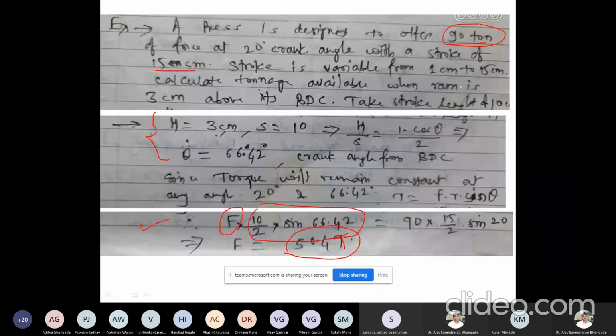That force might be more than this, but you should not load the machine with more force there. So when we say that we have designed it for 20 tons, you should not put any job here which will require more than 20 tons or 30 tons. Otherwise, it will be overloaded and that may damage the press machine.